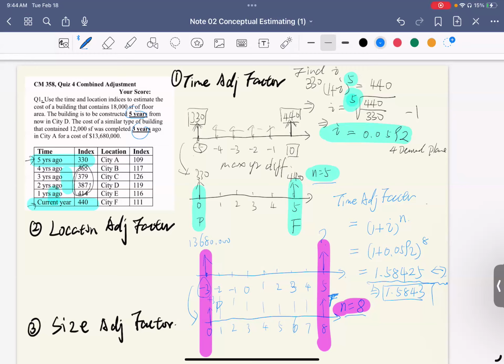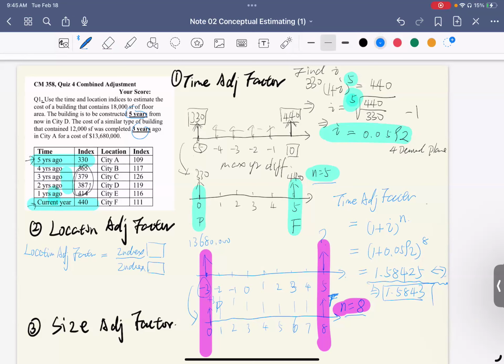If no question for that one, we are moving to the location adjustment. So that is easy. Tell me which city will be put over the bar and which city is underneath the bar.